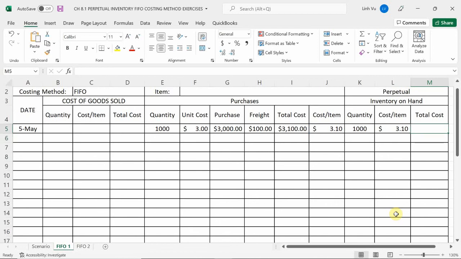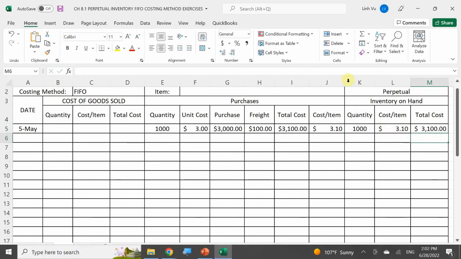What I would recommend is for you to have the calculation right here in the total cost, where I take my quantity and multiply it by my cost per item. Every time we sell something and we have to adjust our inventory, you're only going to be adjusting your quantity. So if I were to put 500, it's going to automatically calculate it for me in this total cost column. And that's what I want you to do.